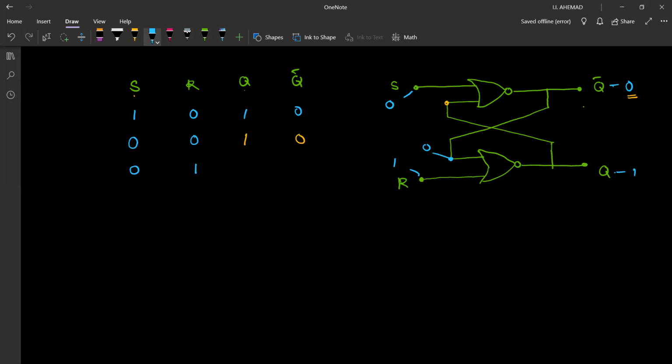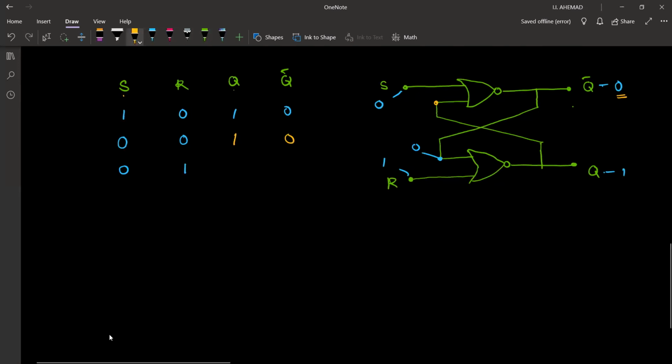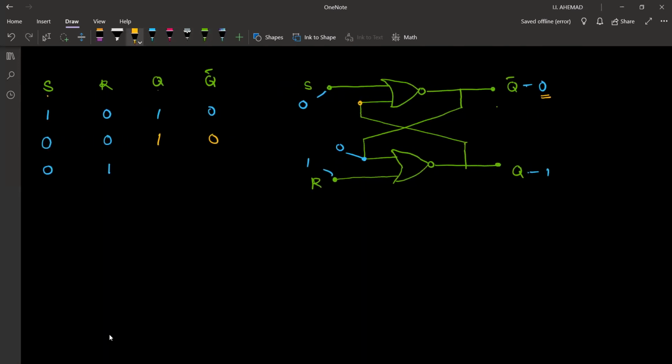When it passes the NOT gate, it becomes 0. 0 or 1, that is 1. When it passes the NOT gate, it becomes 0. So Q changes to 0. If this is 0, now this input is 0. 0 or 0, that is 0. When it passes this NOT gate, this becomes 1. Therefore, Q bar changes to 1.